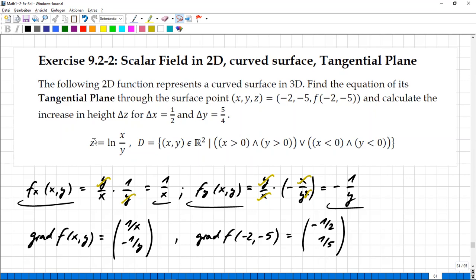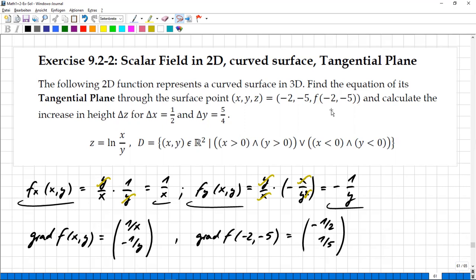Now, in this picture, let's try and find the equation of a certain tangential plane constructed through one of the surface points of this curved surface, which is given with all three coordinates: theoretically, it has to be -2 for x, -5 for y, and then, of course, the function outcome at (-2, -5), which we still don't know at this moment, but it's the z value, right?